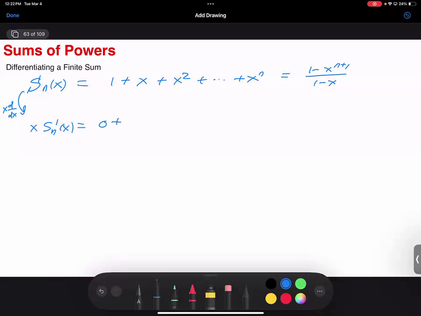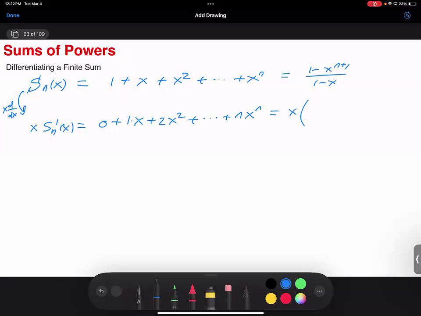What's the derivative of x with respect to x? And then I multiply by x, so I get 1 times x. X squared, what's the derivative of that? 2x, and I multiply by x, so I get 2x squared. All the way down to n times x to the n. And now I just have x times the derivative on the right-hand side.